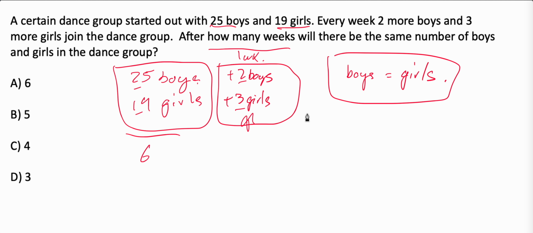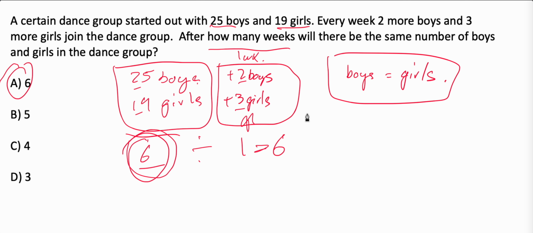So your starting point is the difference of 6, and every week you shrink by 1. So how many weeks? You take the total difference divided by the difference per week, then you have 6. So that 6 is your answer.